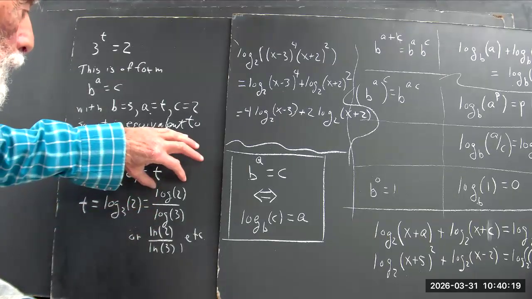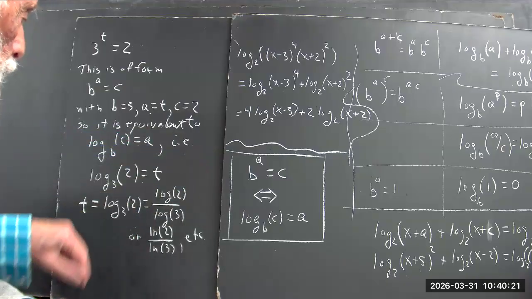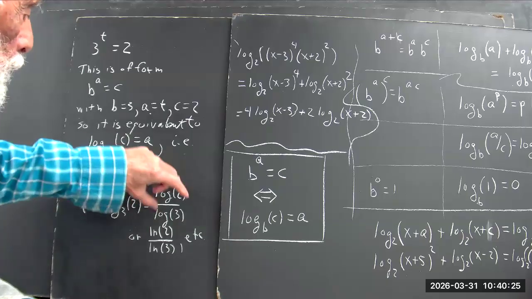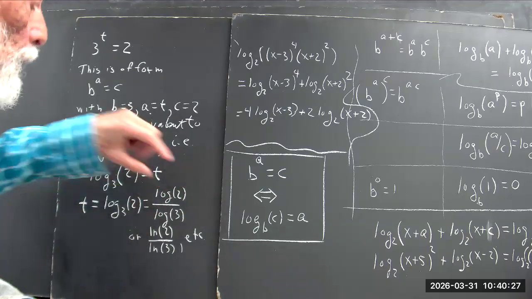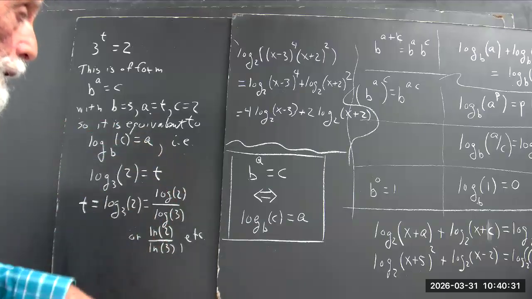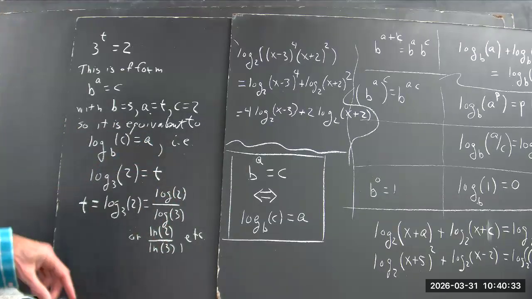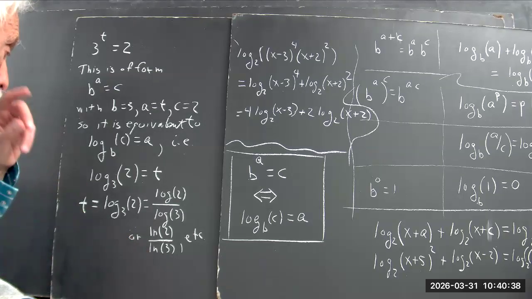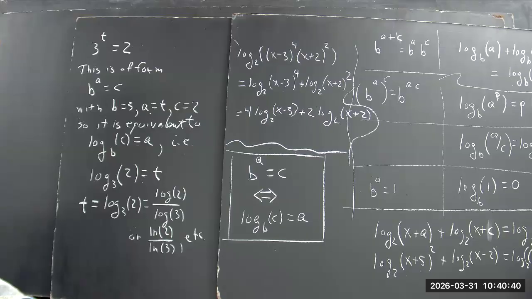In order to calculate log base 3 of 2, you're going to do log 2 over log 3, and those two logs could be any base. Could be natural logs, could be base 10 logs, could be base 2 logs. Okay, there it is. You can look that up. You can work that out on your calculator.